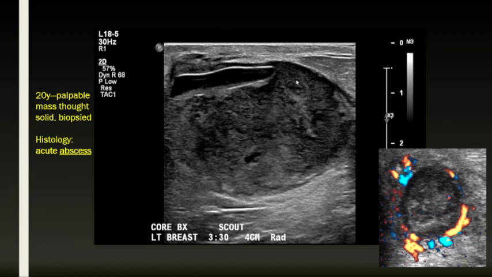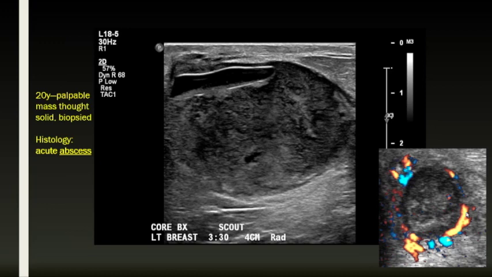A colleague in a much more recent case, working with a fellow, addressed this as a solid lesion. The patient was 20. She was not lactating, and I don't know whether she had a piercing or nipple rings or what have you, but this was a scout image for a core biopsy that they planned.